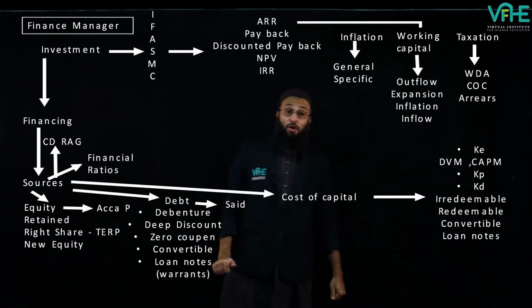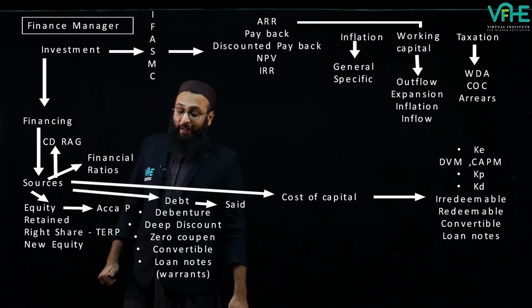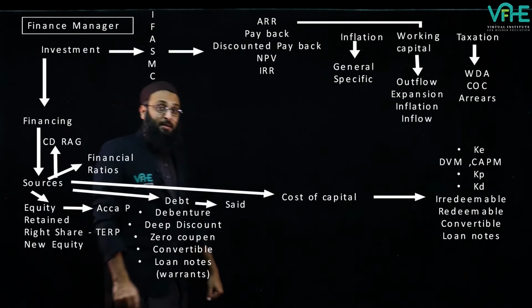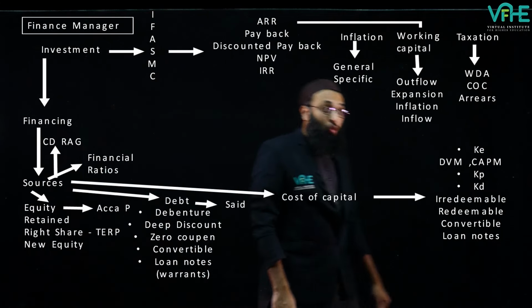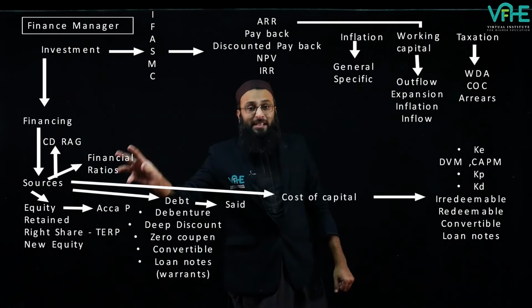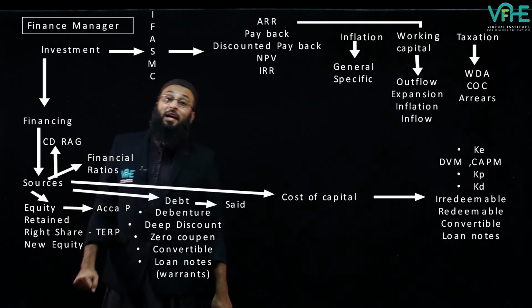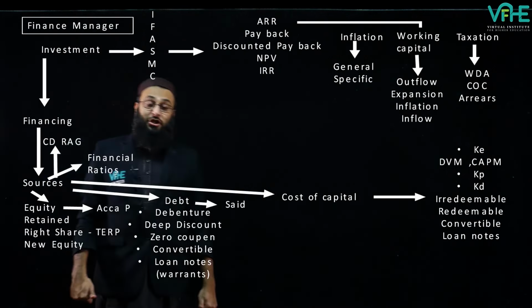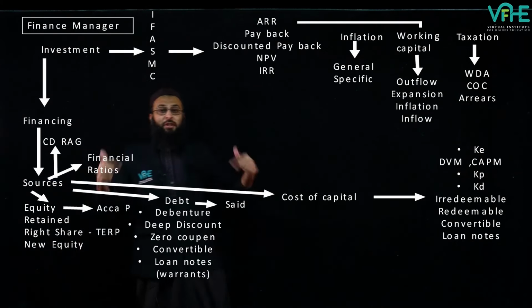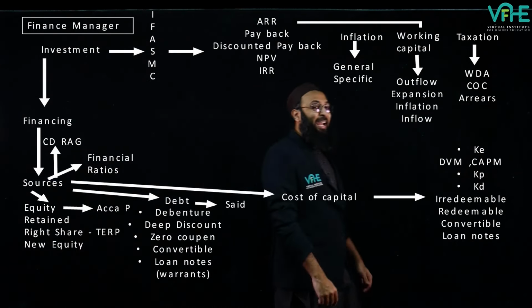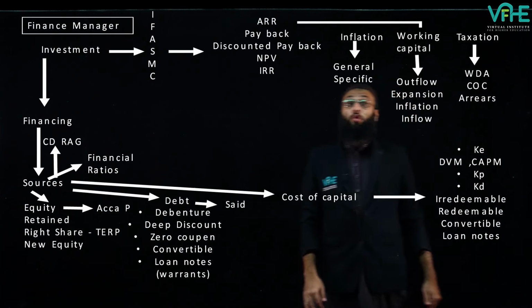But there are very much positives. Positive number one is it incorporates systematic risk. Positive number two is it considers market-based risk and return. Positive number three is it is used for risk-adjusted cost of equity. So the question arises now, what is risk-adjusted cost of equity?